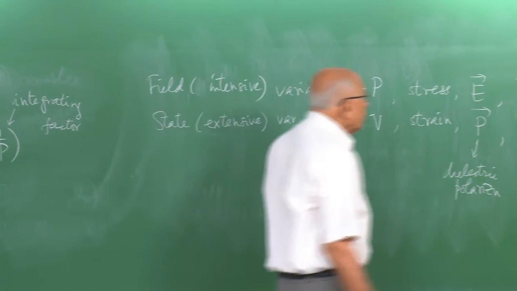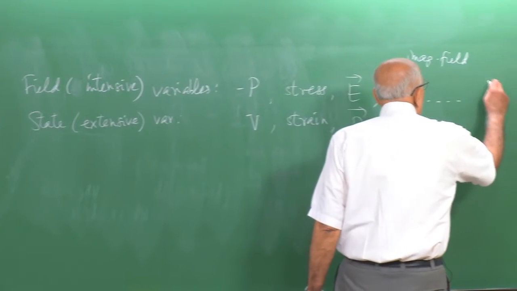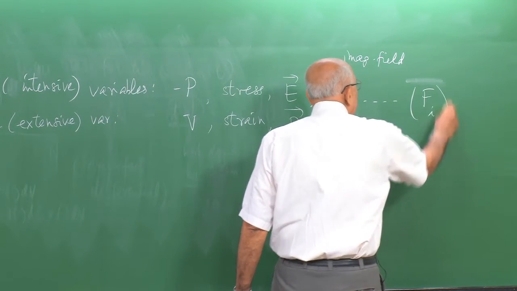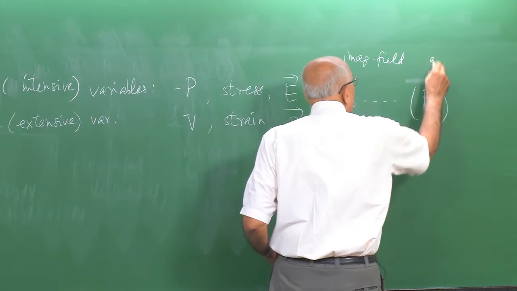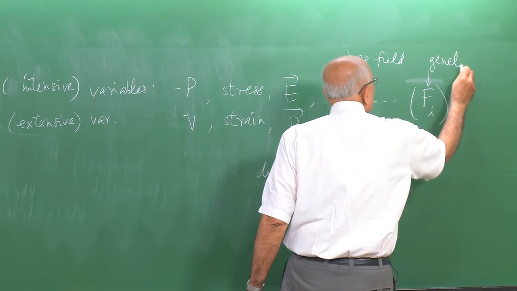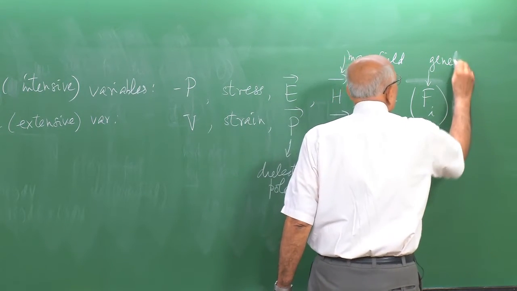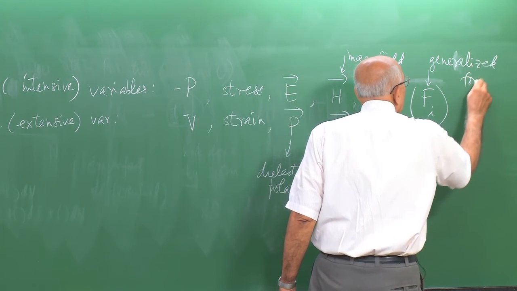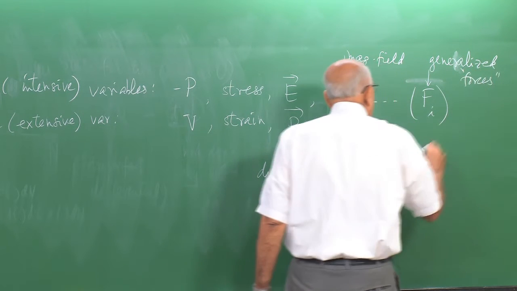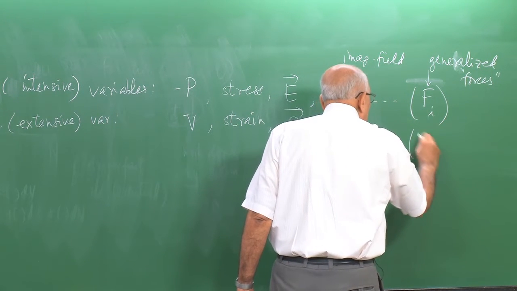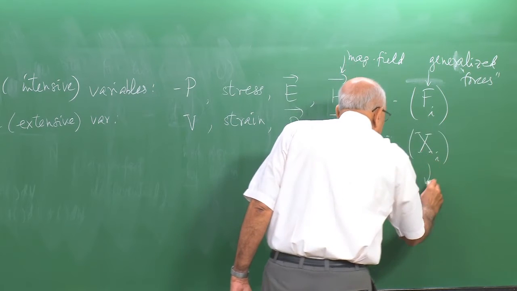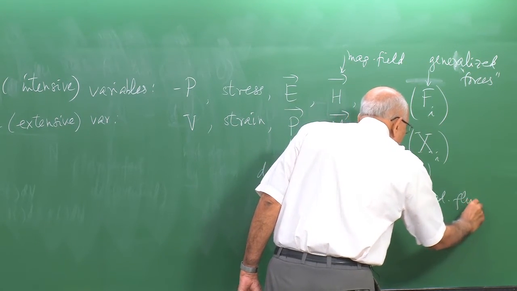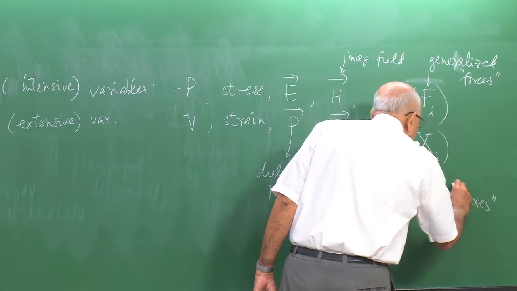So, in general one could call these some generalized forces F. Let us call it generalized forces, and these variables let us denote by x sub i, and these are called generalized fluxes.